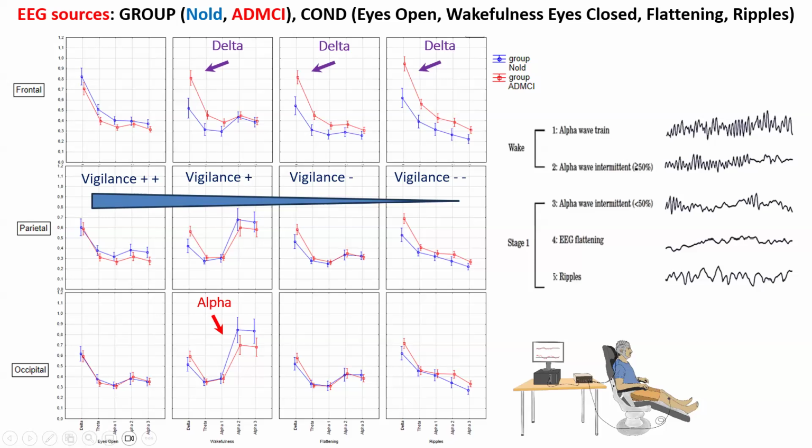In the third column, we have a period of the recording, about after 40 minutes, in which we see the fluttering of EEG alpha activity.